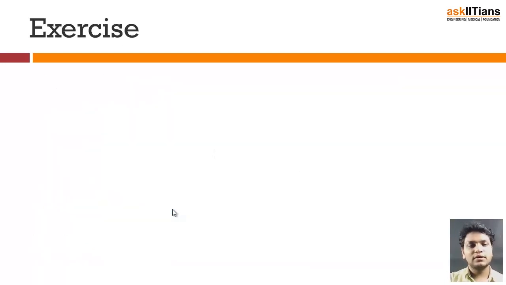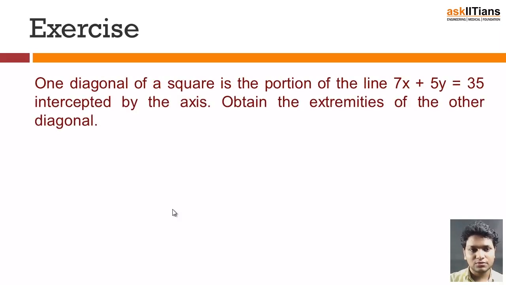Let us do another type of exercise which might come in the exams. Consider that one diagonal of a square is the portion of the line 7x plus 5y equals 35 intercepted by the axes. Obtain the extremities of the other diagonal. First of all, try to find the format in which you will write the line that suits you best. Because the question talks about intercepts, the best possible way is to write the line in intercept form.